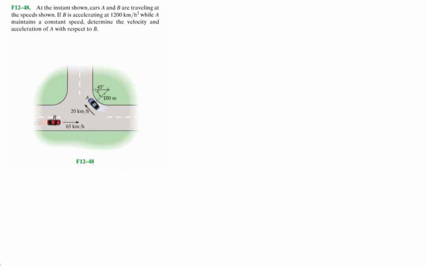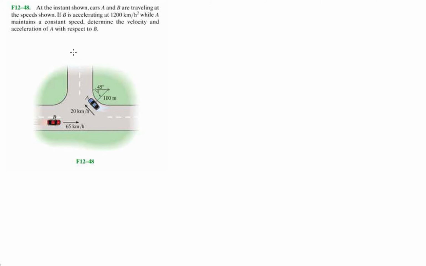At the instant shown, cars A and B are traveling at the speeds shown. B is accelerating at 1200 kilometers per hour squared, while A maintains a constant speed. Okay, so here we have A, this blue car, with a constant speed. That's key because it means it's not accelerating tangentially.